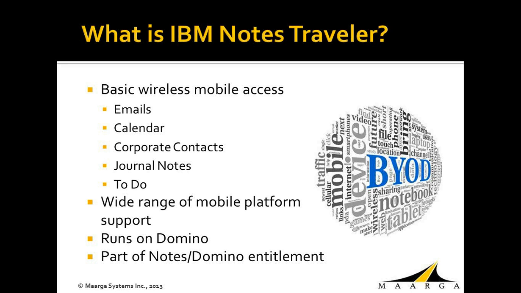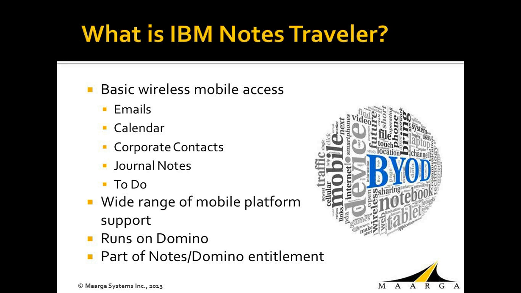And then Notes Traveler has a wide range of mobile platform support. And the main advantage in Traveler is it runs natively on your Domino server. So it's not a third-party product, or a non-native product for you. IBM Notes Traveler is a Domino task running on the Domino server. And the most interesting option is it comes with your Notes and Domino license.